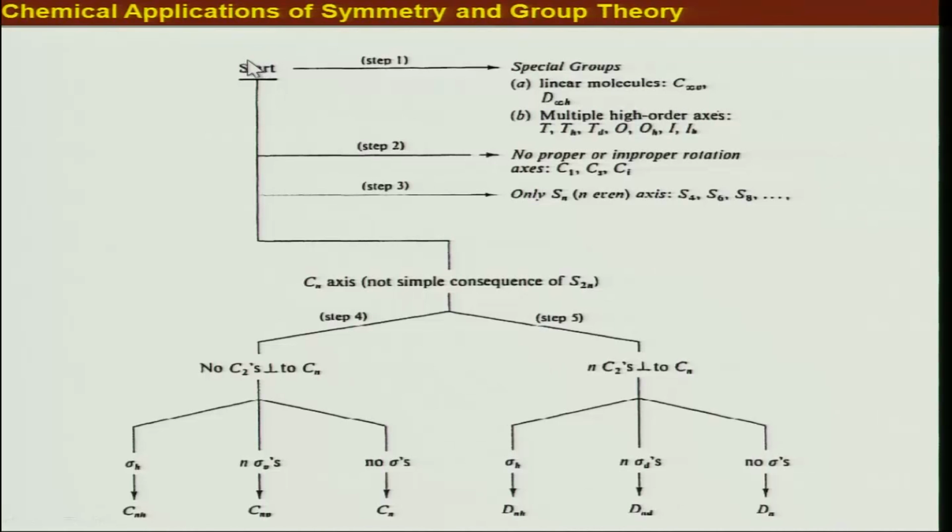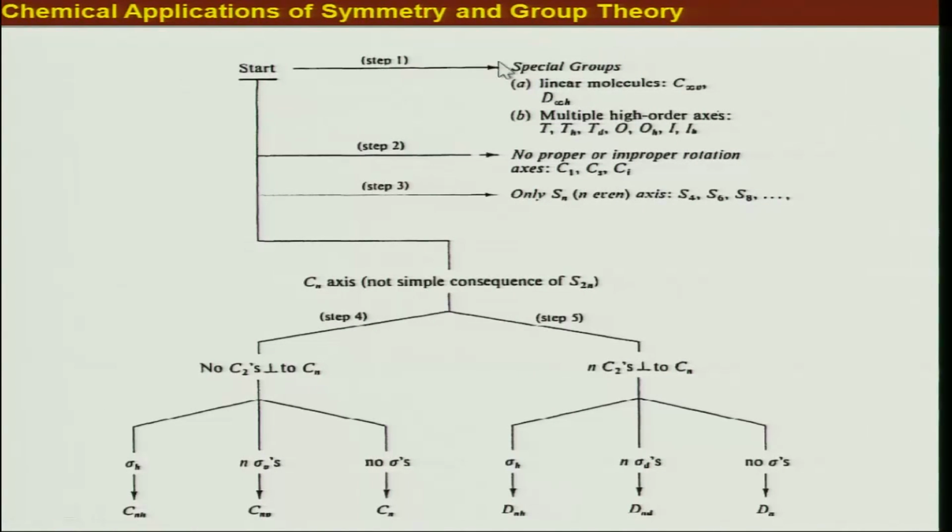In step 1, you first ask whether this structure belongs to a special group. What do we mean by that? We will come to that in a very short moment.